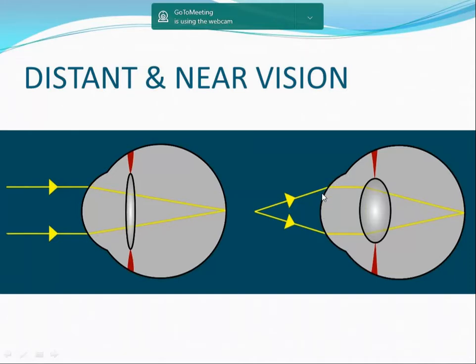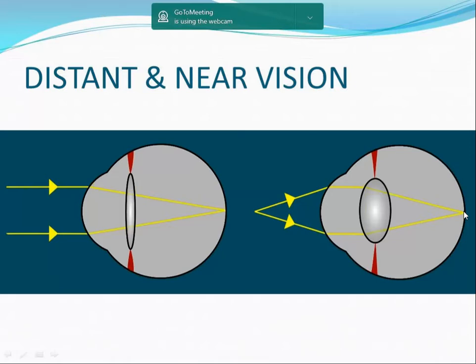How is it possible? It's not possible to change the refracting power of the cornea because it is attached all over. But the lens, because it is suspended, changes its configuration and becomes more convex. So its refracting or converging power increases, so that the image is again brought to focus on the retina.